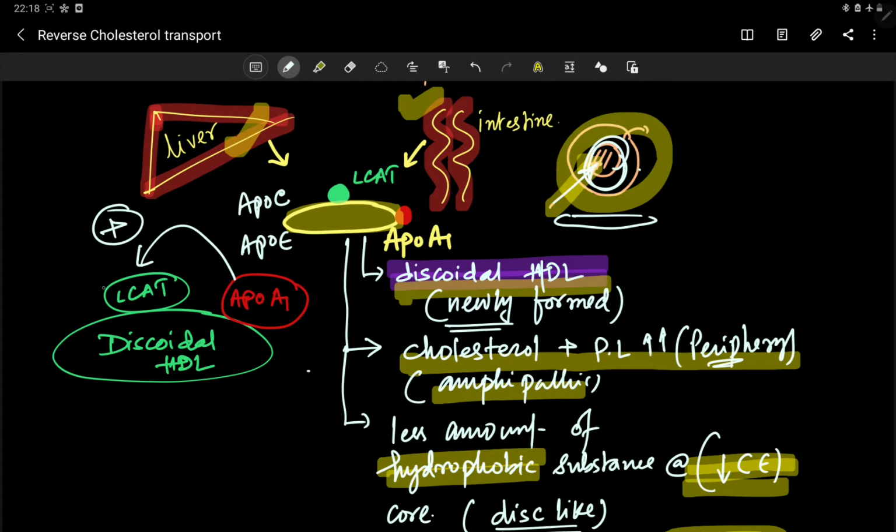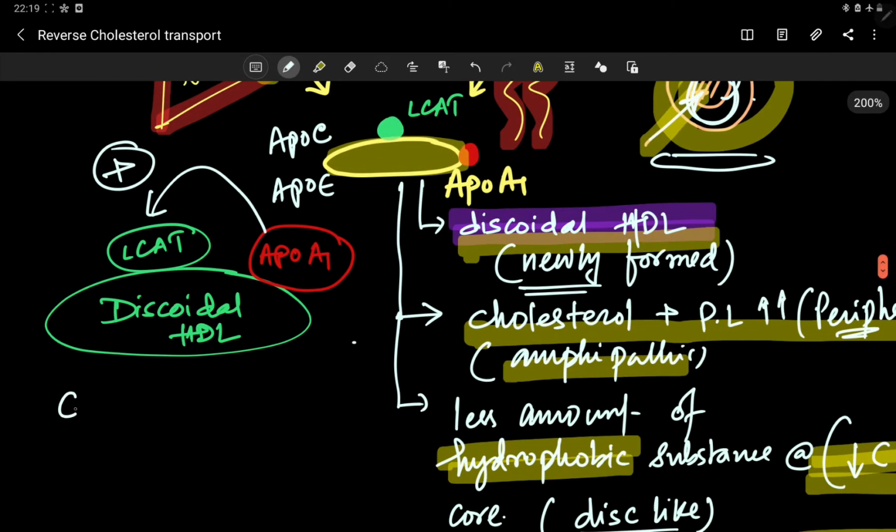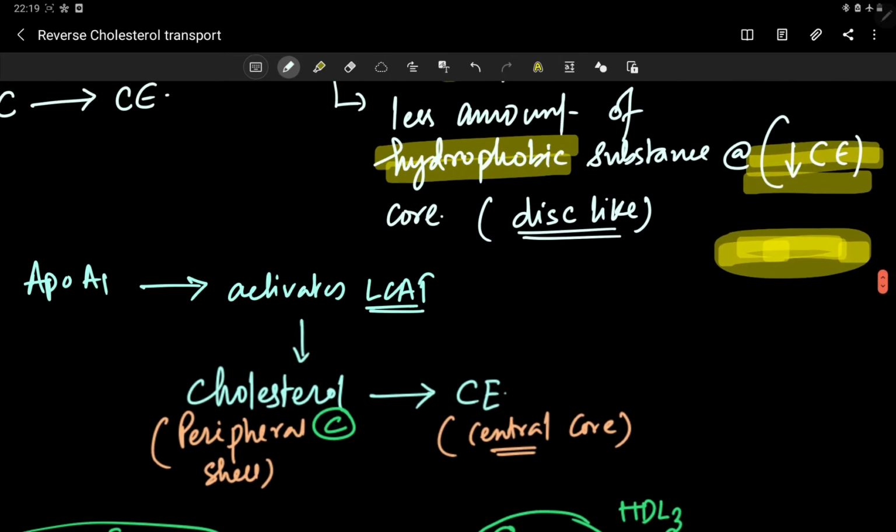So now your LCAT is activated by the ApoA1. Now what is the action of the LCAT? Your LCAT is converting your cholesterol into cholesterol ester. Okay, you can see this now.